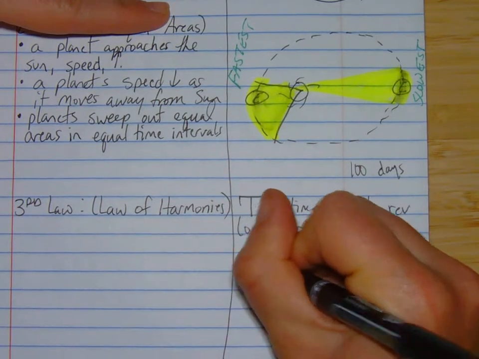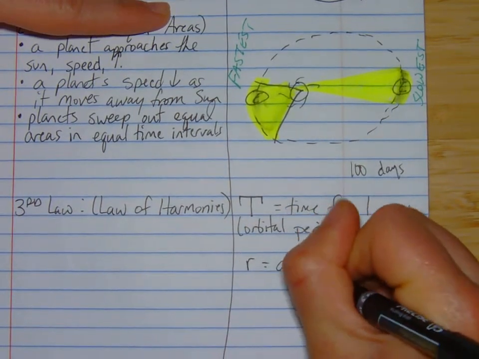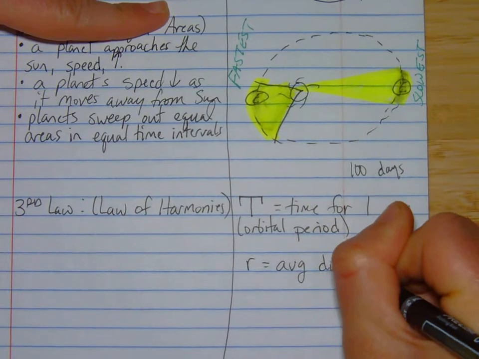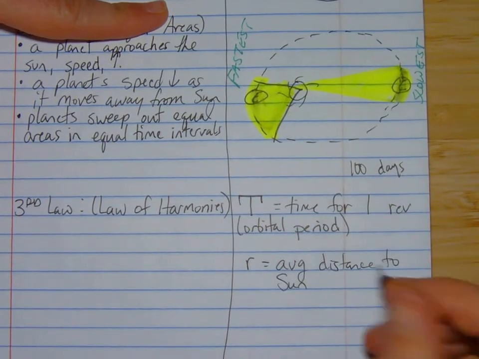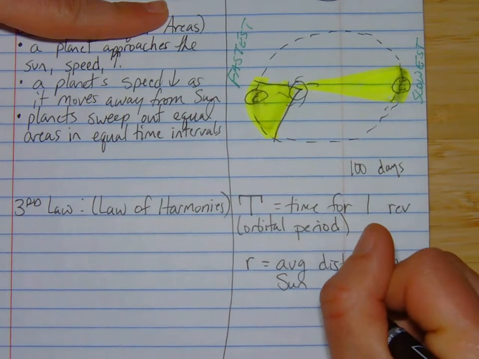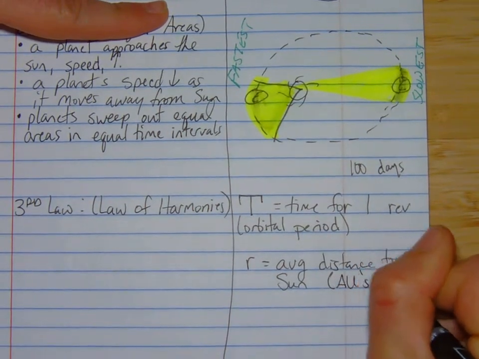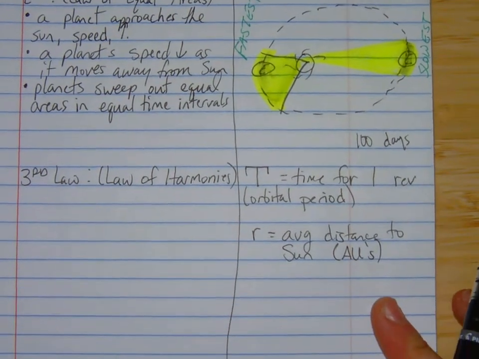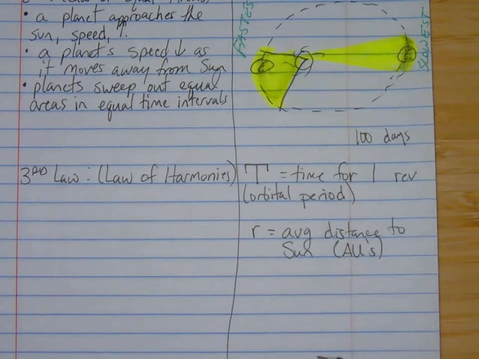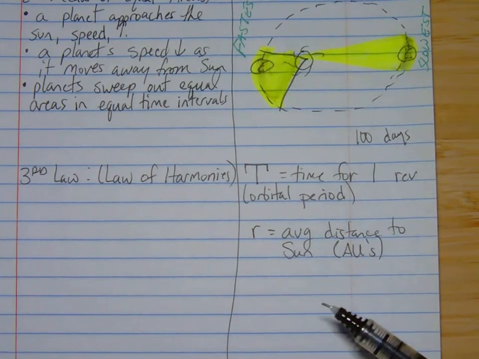When we talk about a radius, that's going to be the average distance to the sun. And that's going to be in astronomical units, which are AUs. The Earth to the sun, the average distance, we refer to it as 1, and then we compare everything to that.